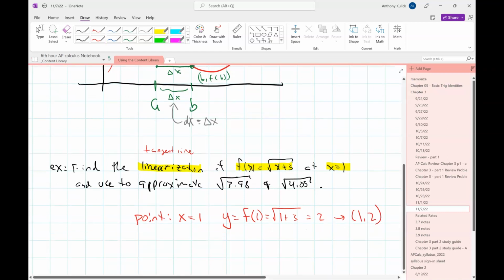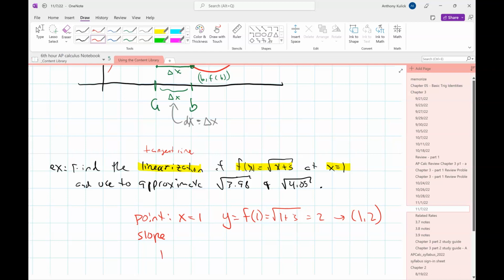So we have the point (1, 2). And then to find the slope, what do we need? The derivative, yeah. So we'll take the derivative of f of x. I would think about square root of x plus 3 as x plus 3 to the 1/2.